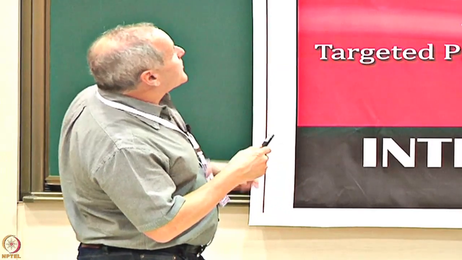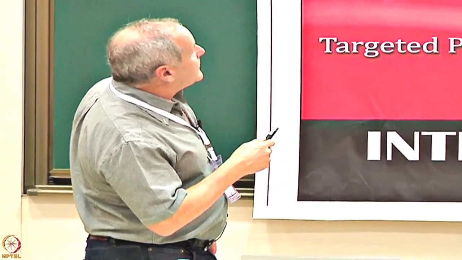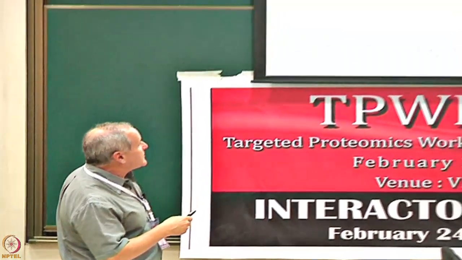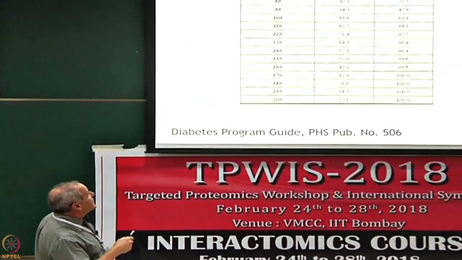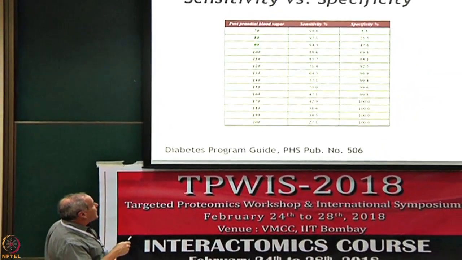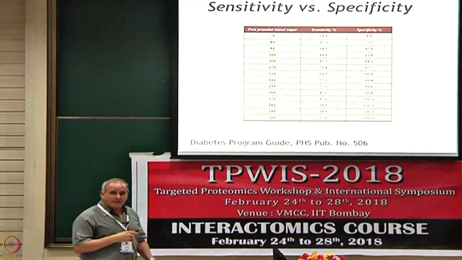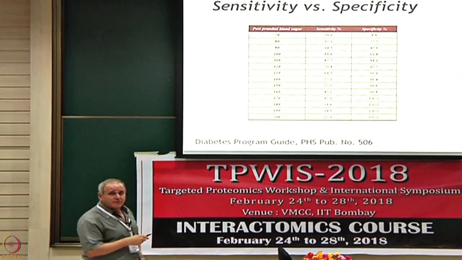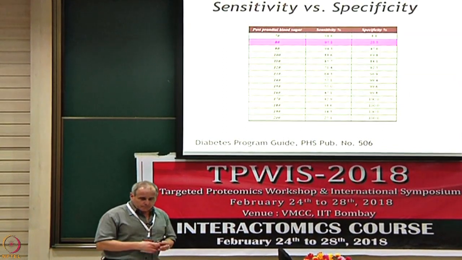So these are the blood sugars after eating a meal, ranging from 70 milligrams per deciliter up to 200 milligrams per deciliter. And here, if you use this value as the cutoff, in other words, if you say that if you're above 100, you have diabetes, then this will be your sensitivity and that will be your specificity. Okay? So let's look at this example here.